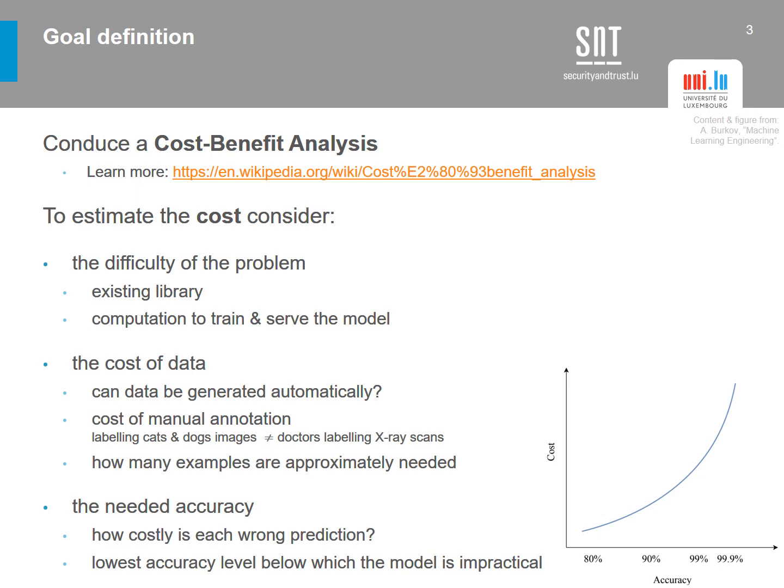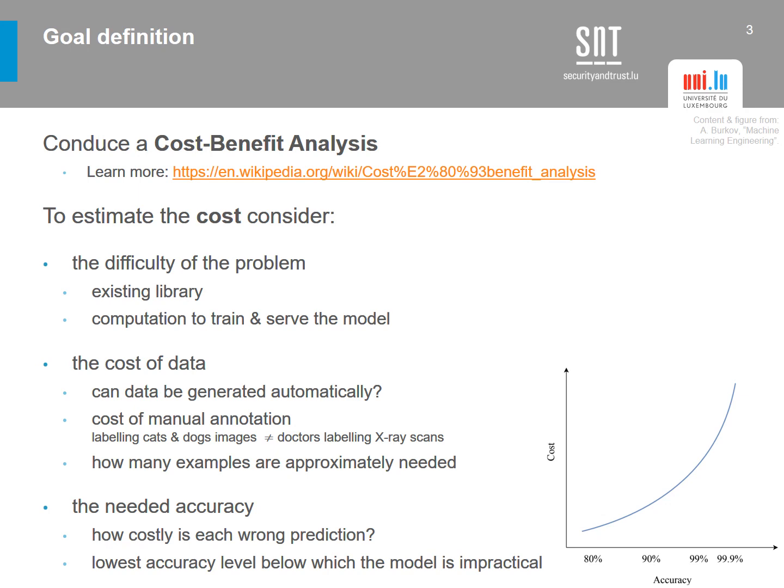Also, we will need to think about how many examples we need. This is related to the complexity of the problem. If we have a very complex task, we will need a lot of data. If we have a simple task, we will need less data and it will probably be a little cheaper.